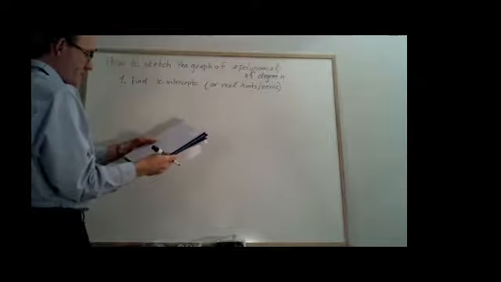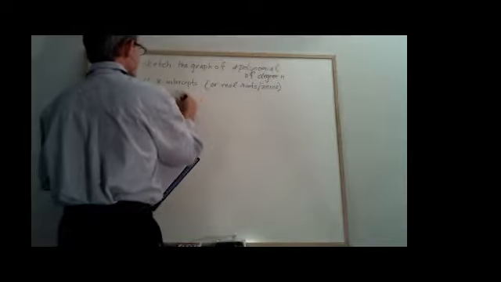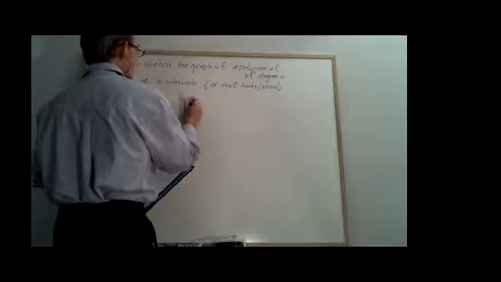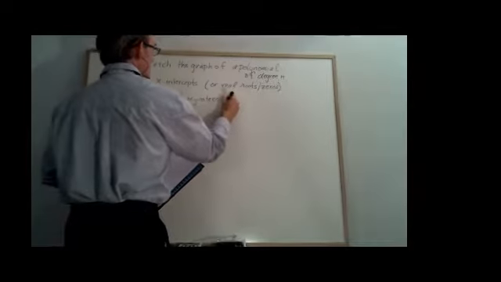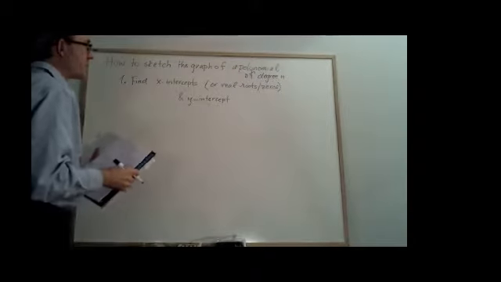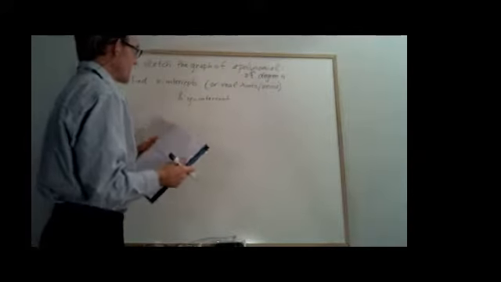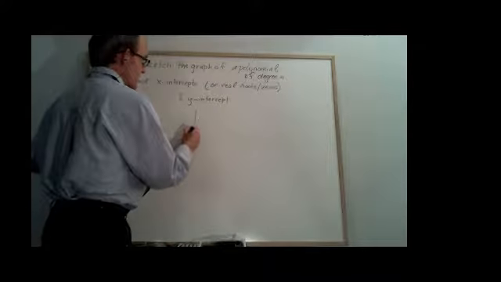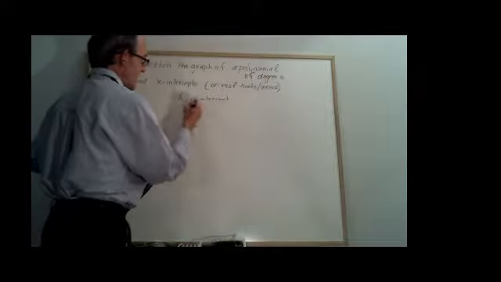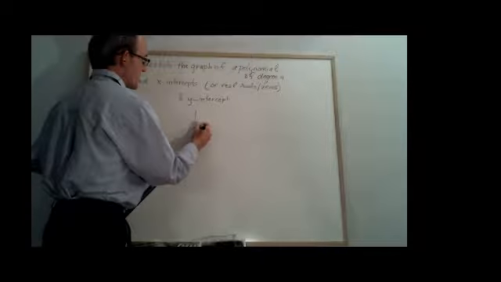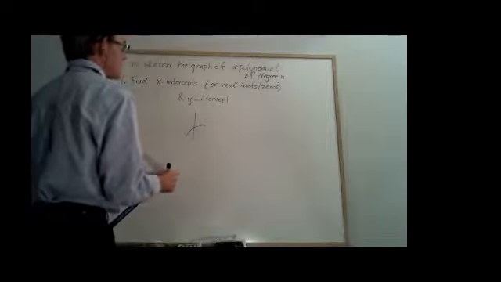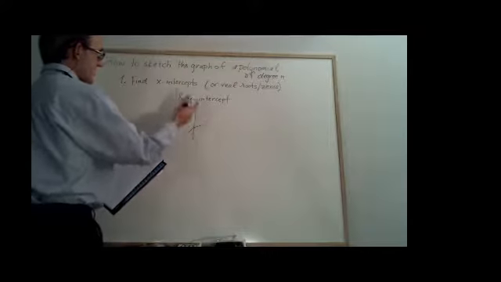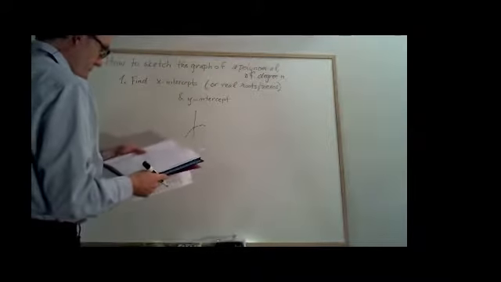And also the y-intercept. There's only one y-intercept whenever you have the graph of a polynomial, because it's a function. You just set x equals 0, and that gives you the value for y.